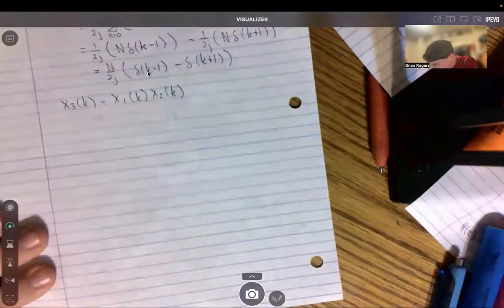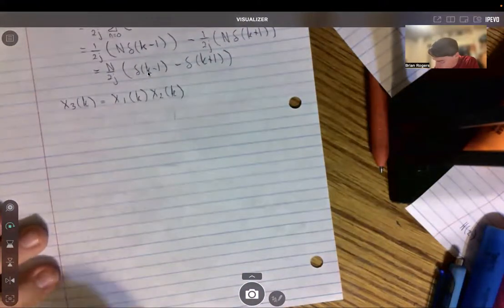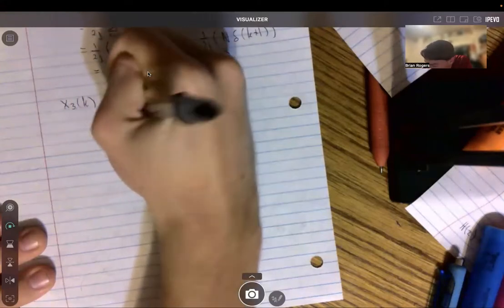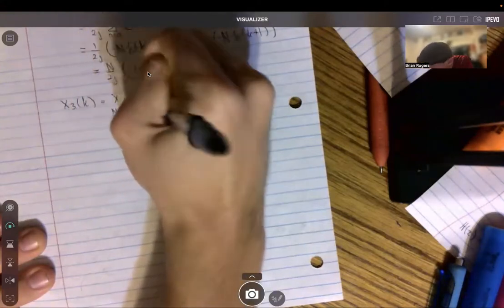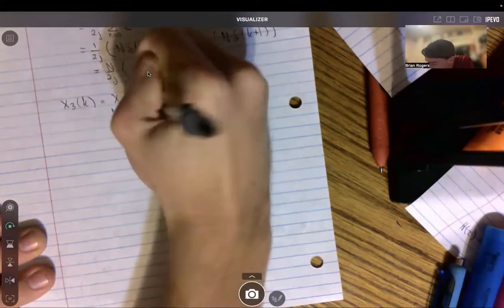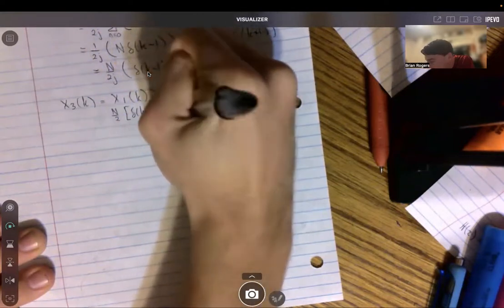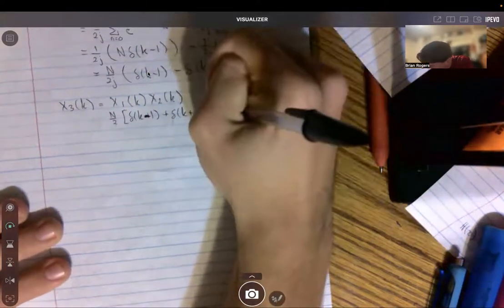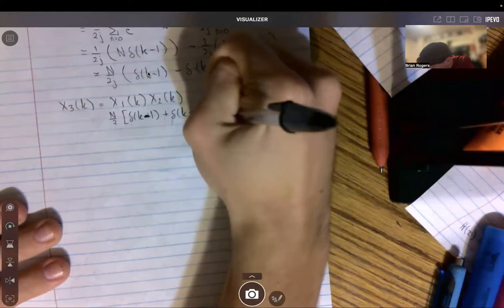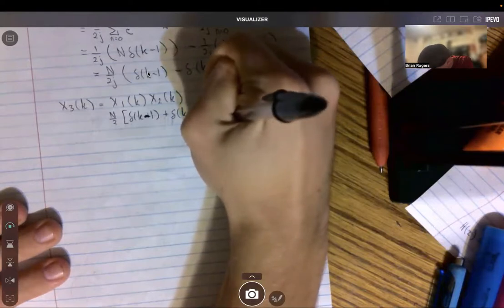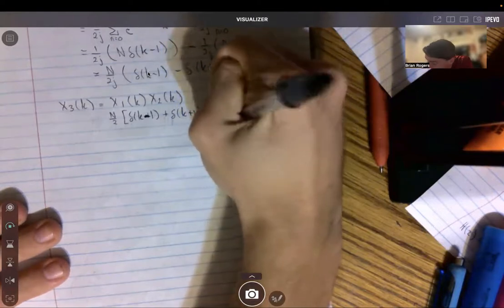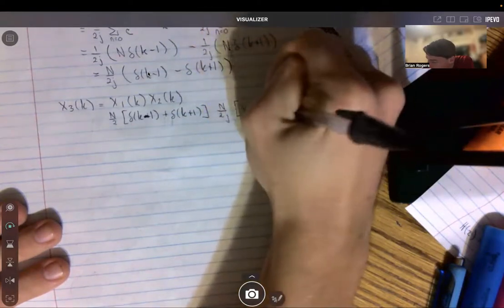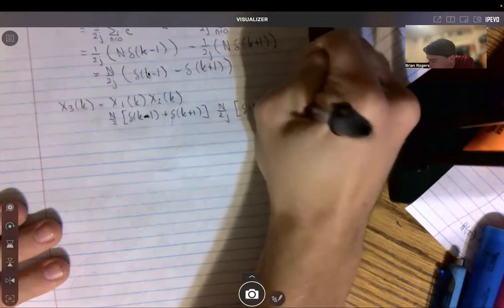So we're going to get our X1 of k, remember, was N over 2, then it was delta k minus 1, and then it's going to be plus delta k plus 1, and then multiplied by N over 2j, and then we're going to have delta k minus 1 minus delta k plus 1.